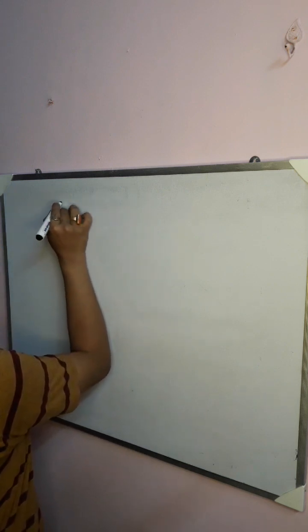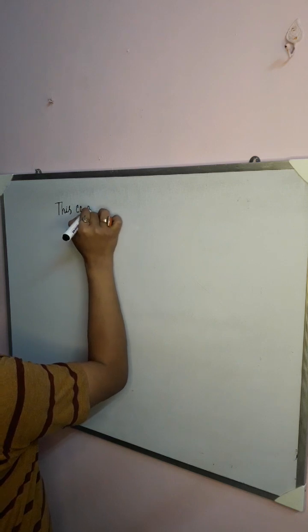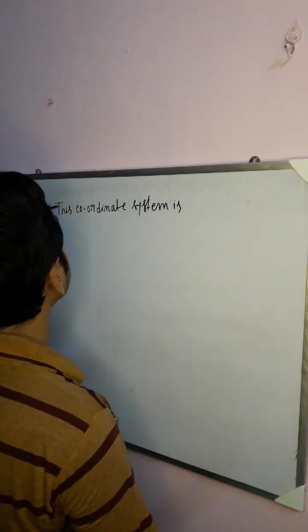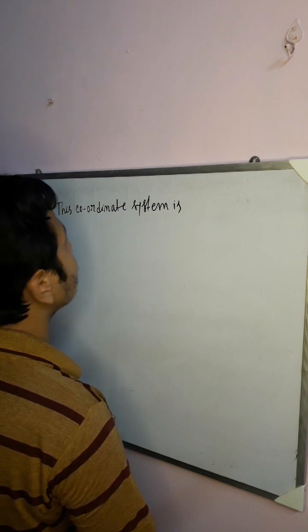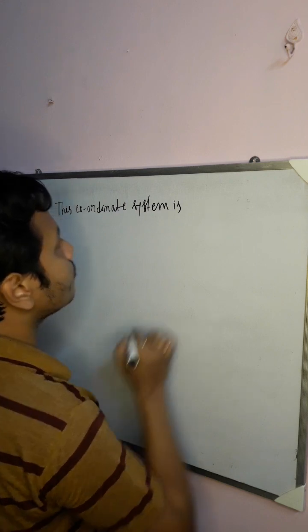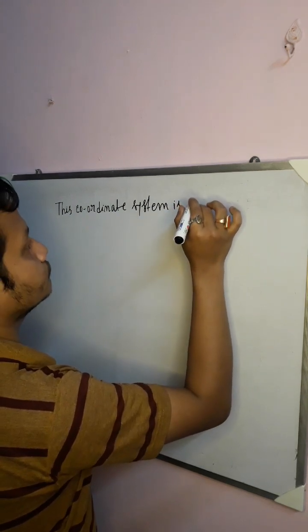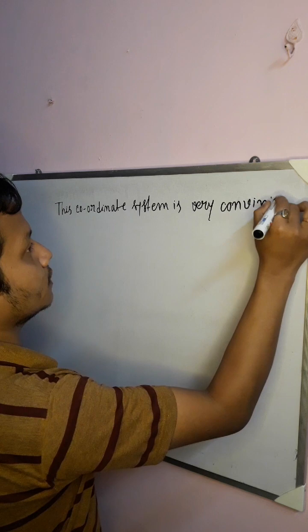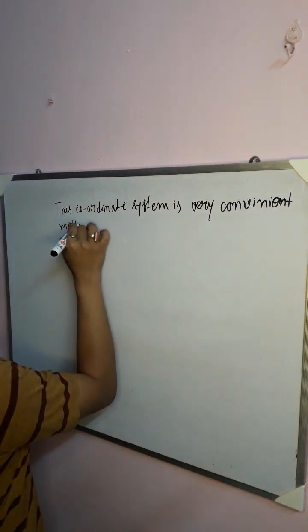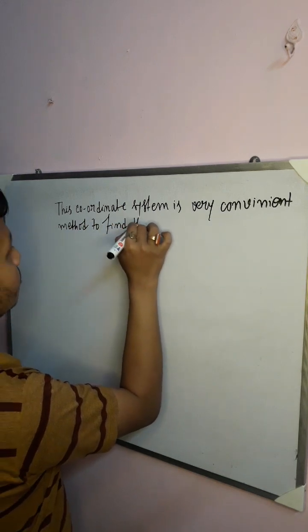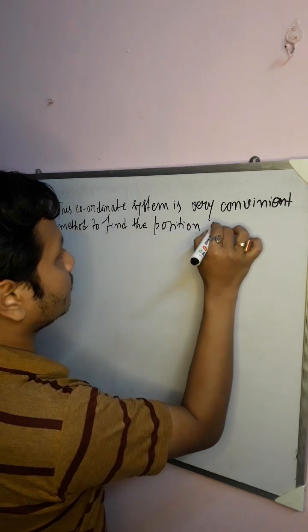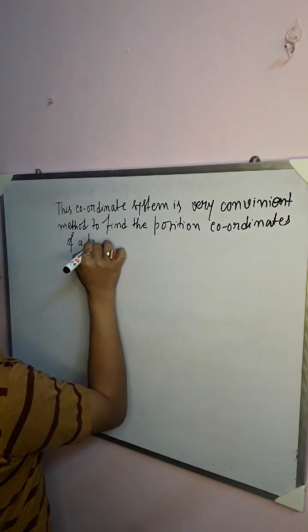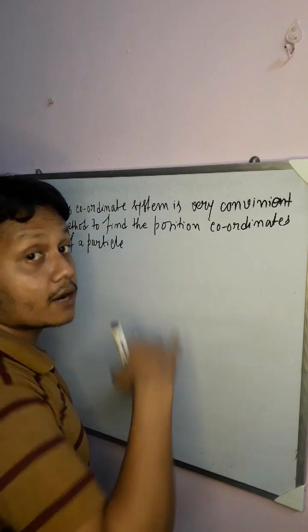So this coordinate system is a very convenient method to find the position coordinates of a particle on the surface of a sphere.